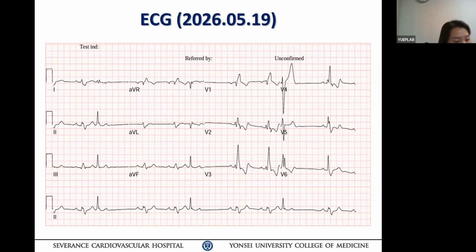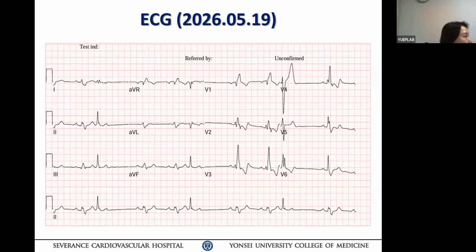It looks like a non-conducted APC, but the cause may be the AV node refractoriness because of the preceding PVC. And also the PVC pattern is narrower than the sinus native first complex.